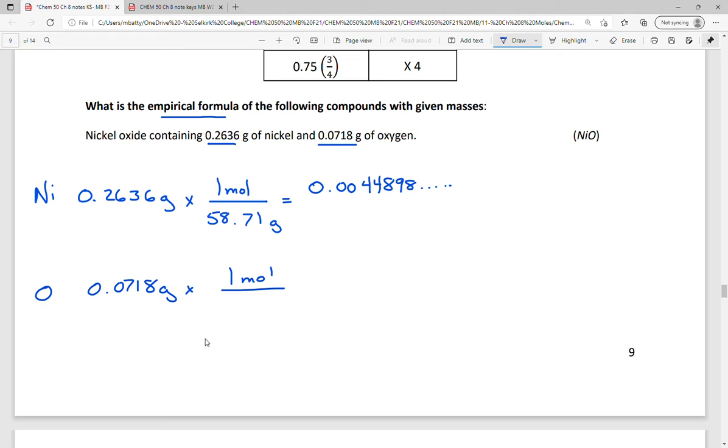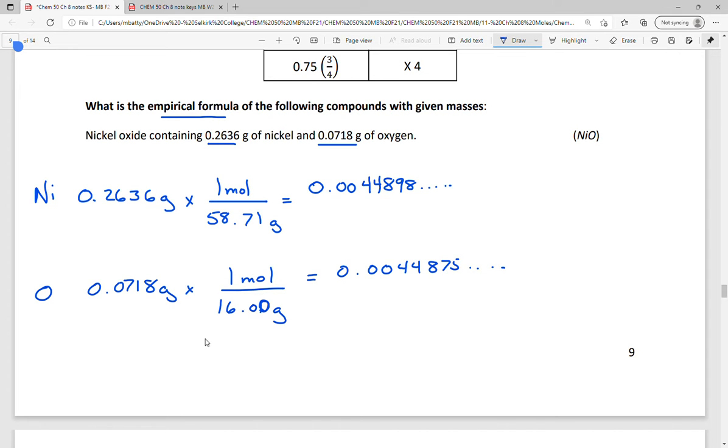And we're going to figure out how many moles that is by looking at the molar mass of oxygen. So that's the molar mass right off the periodic table. Whoops, not 16.01, 16.00. And in my calculator, this is 0.0044875, and so on.